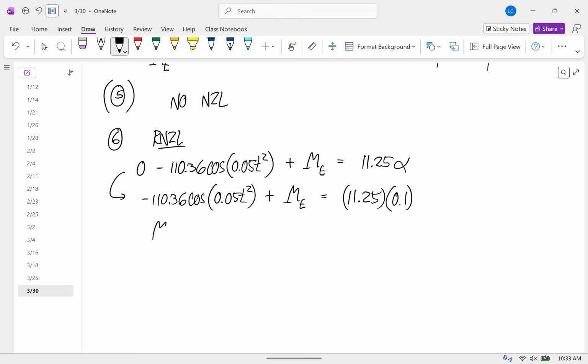And so M_E is equal to positive 110.36 cosine of the quantity 0.05 t squared plus 1.125.